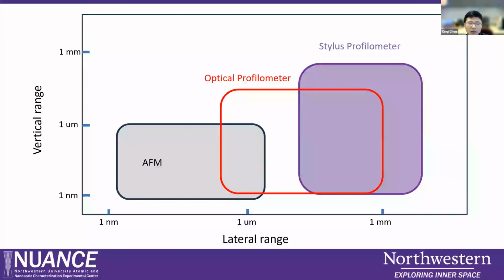On the vertical, the AFM is on the left side and the stylus profilometer is on the right. You can see the big range for the lateral and sample. The optical profilometer is in the middle. So that is where they are. Okay, so that is our talk about these 3 different methods.